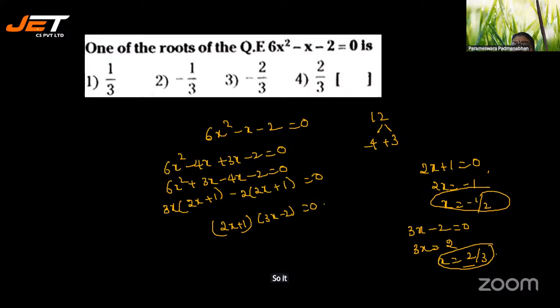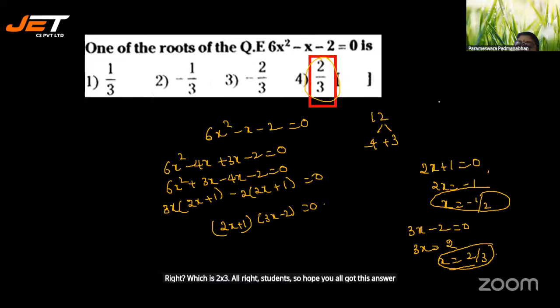It's not 1 by 3, it's not minus 1 by 3, it is not minus 2 by 3, right? So it is 2 by 3. So your option must be 4, which is 2 by 3. All right, students, I hope you all got this answer. It is 2 by 3.